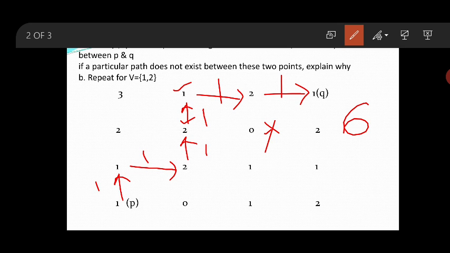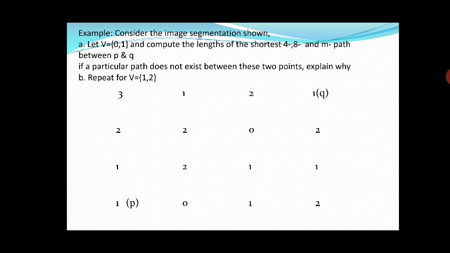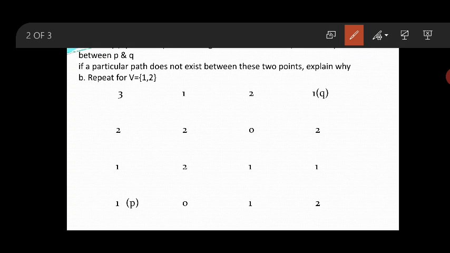4-adjacency. Now, some people might get one more path like this. 1, 2, 3, 4, 5 and 6. This is what you get here.